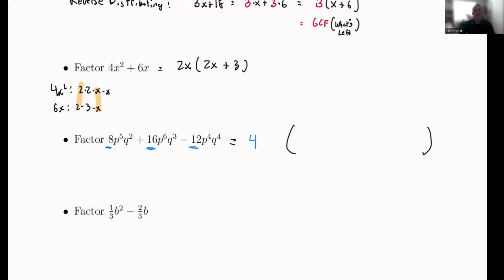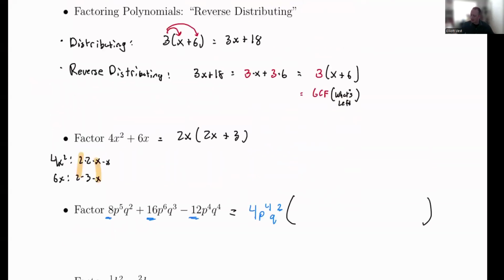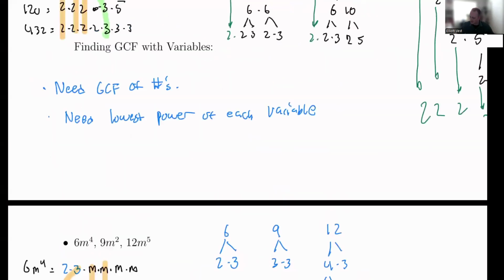How many of my variables can I pull out? Well, I see a p to the fifth, p to the sixth, p to the fourth. I can pull out a p to the fourth. And then lastly, for my q's, there's a q squared, a q to the third, q to the fourth. I can pull out a q squared. Notice what happened on this factoring.